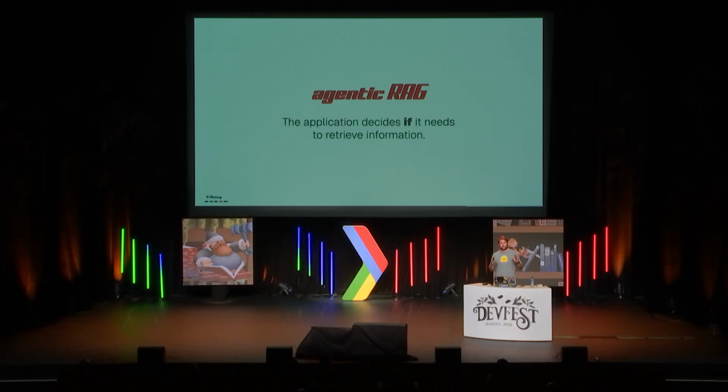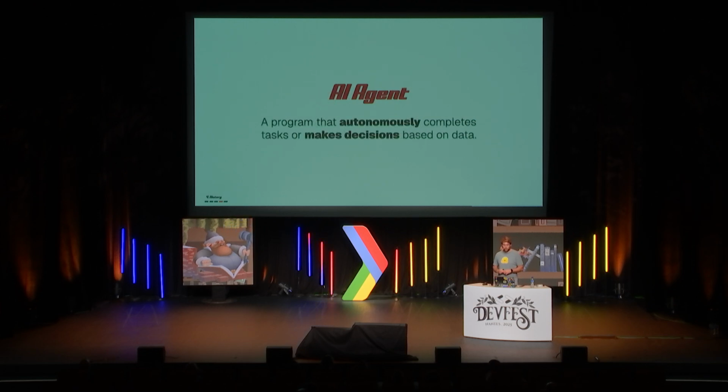To be more precise, it's agentic RAG because the application in the end decides if it needs to retrieve information, and sometimes it doesn't need to retrieve information. And to have all the buzzwords in one place, that is basically also an AI agent. It's just a program that autonomously completes tasks or makes decisions based on data.